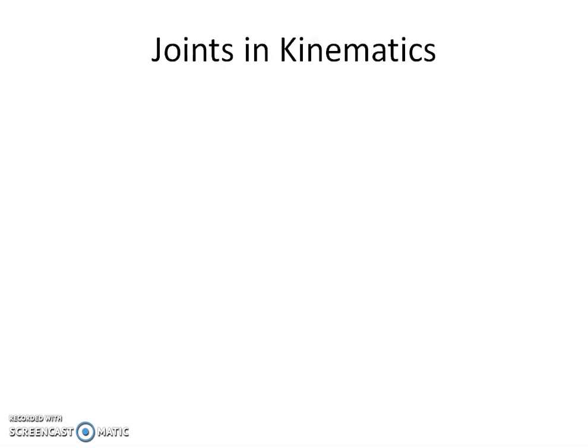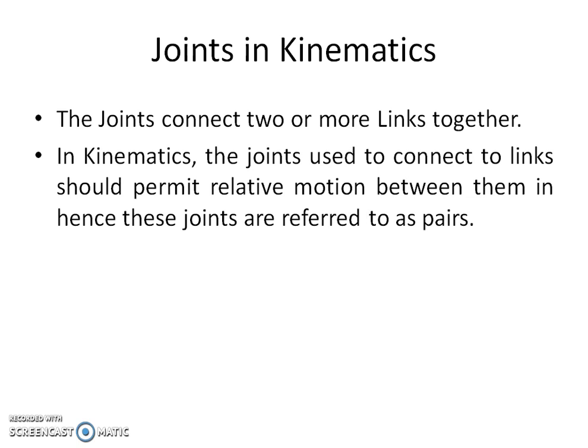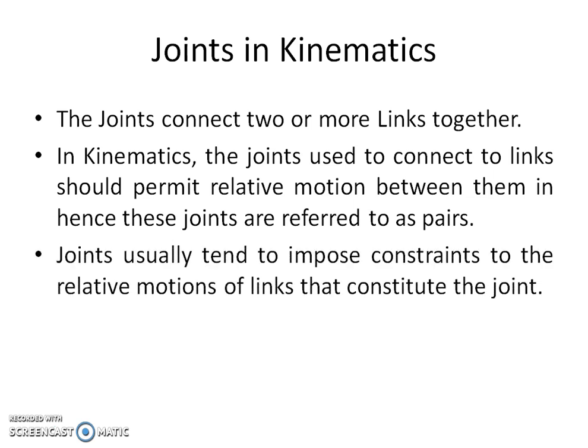Joints in kinematics. Joints are used to connect two or more links together so that a kinematic chain is obtained, and by fixing one link of a kinematic chain, a mechanism can be obtained. In kinematics, the joint used to connect links should permit relative motion between them, and hence these joints are referred to as pairs.